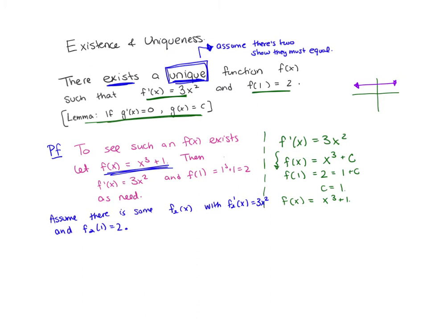So how does that work? Whenever I'm trying to show two things are equal, we often show that their difference is 0. So I'm going to consider my f of x that I have up above and subtract away f2 of x. If I can show that this is 0, then I know that my two functions must be equal to each other.